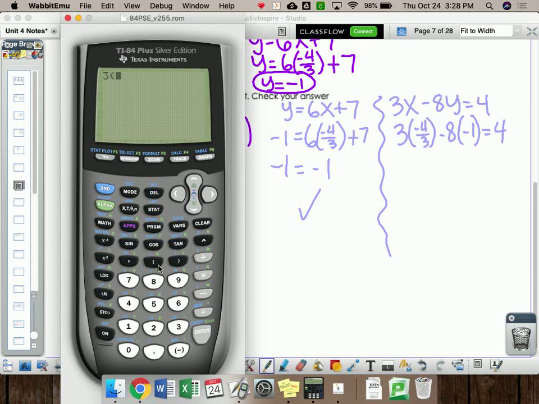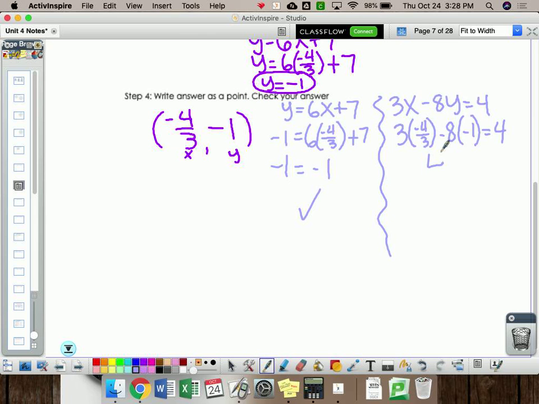So 3 parentheses -4/3 minus 8 times a -1. And it does. So since 4 equals 4 over here, it worked for that equation, and it worked for my first equation, so I know that my solution of -4/3, comma, -1 was the right answer.